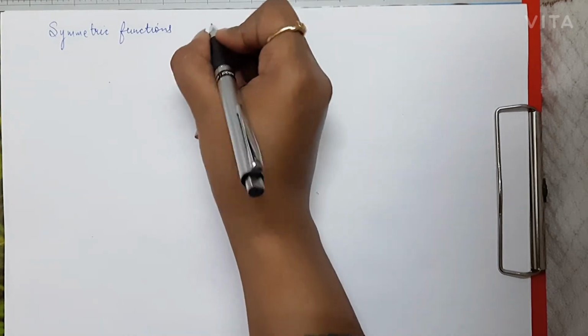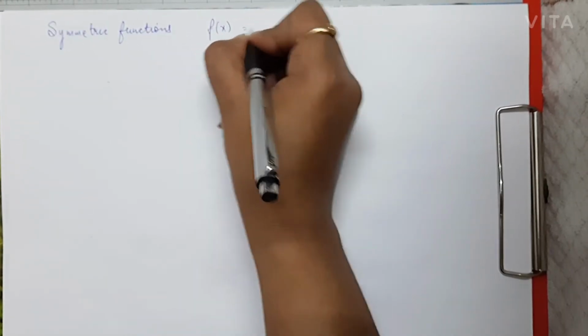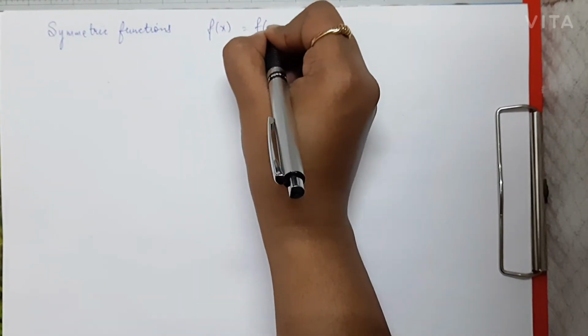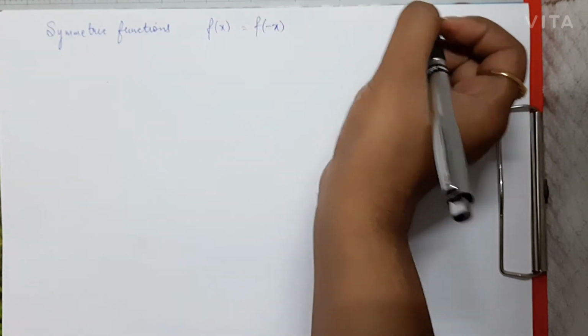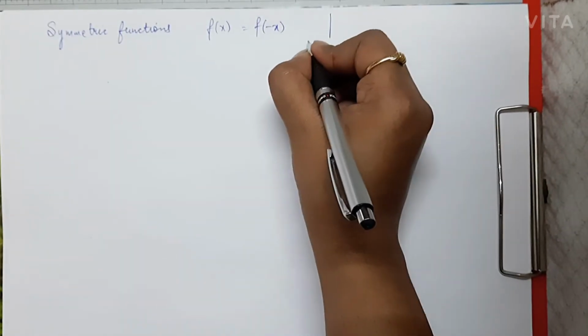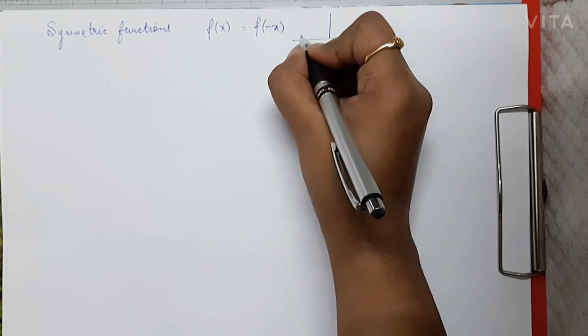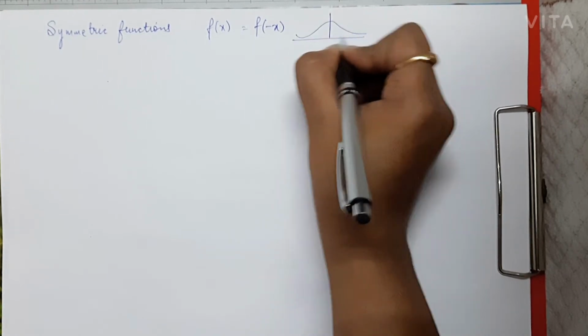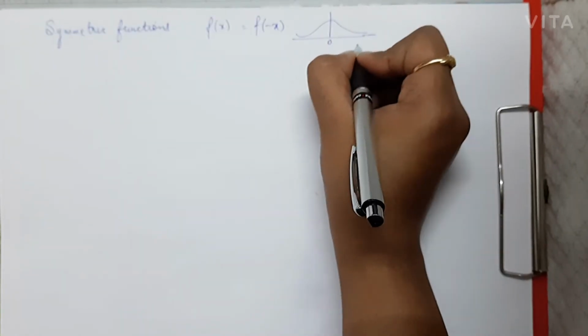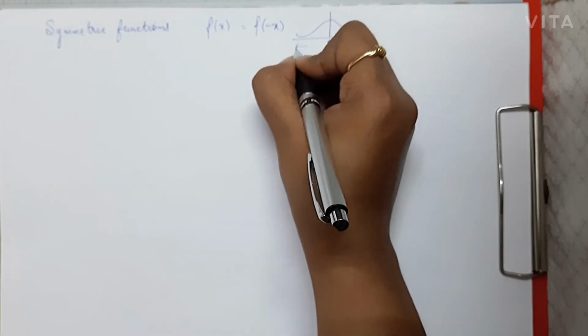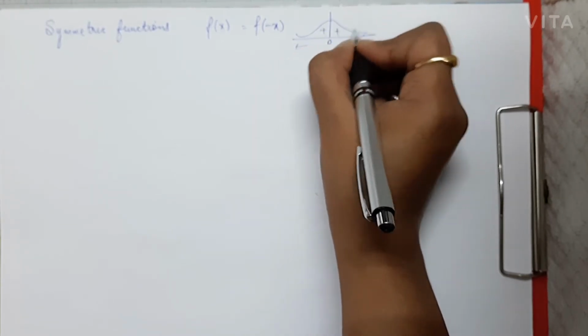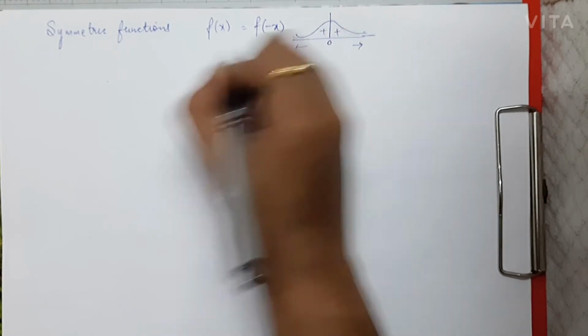So if we have a function f(x) and it is equal to f(-x), then that function is going to be symmetric, and the graph for that function will be looking like this one, right? This is 0, this is positive direction, and this is negative direction. So f(x) is equal to f(-x).